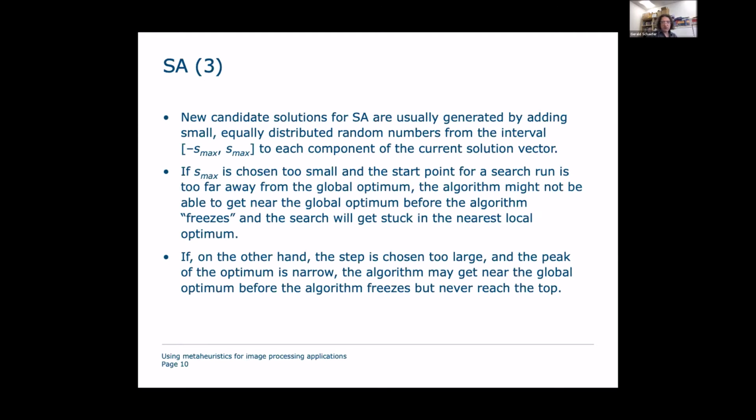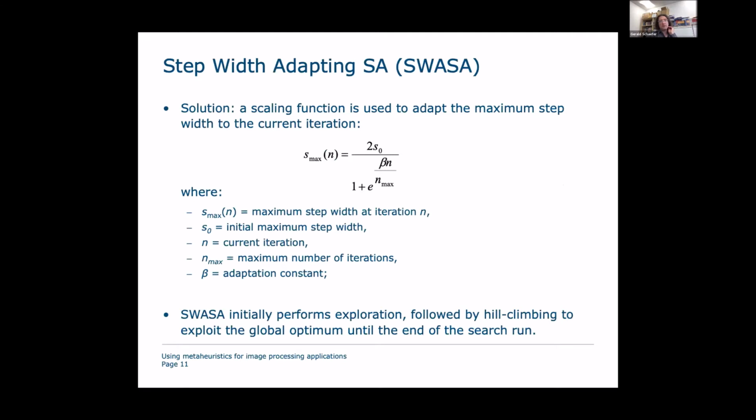Therefore, we're not using the standard version of simulated annealing, but what is called step width adapting simulated annealing. That's a technique developed by Lars Nolle, a previous colleague of mine. Here we adaptively adjust the step width, which becomes a function of the current iteration of the algorithm.